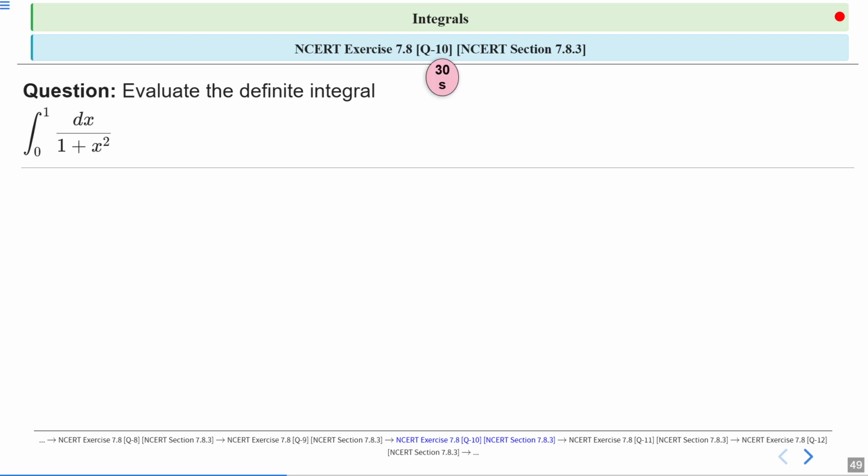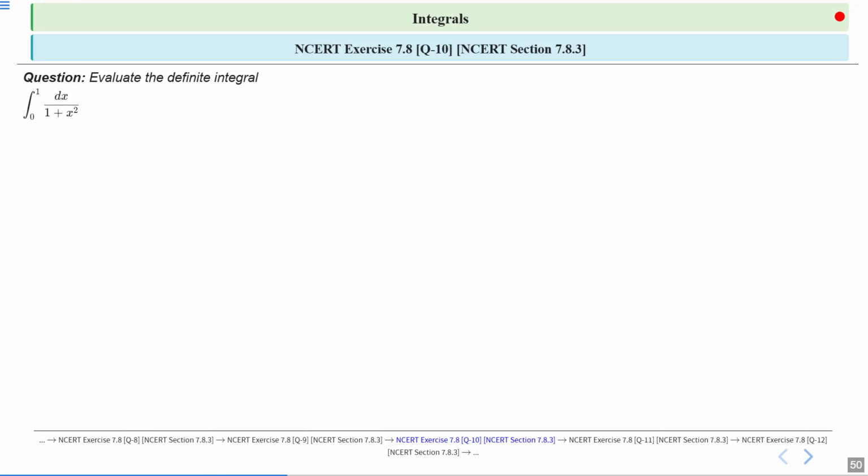So recall the standard form, try to write the formula, and then calculate the definite integral. So the answer is pi by 4.